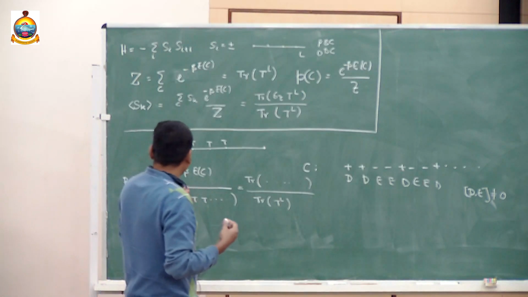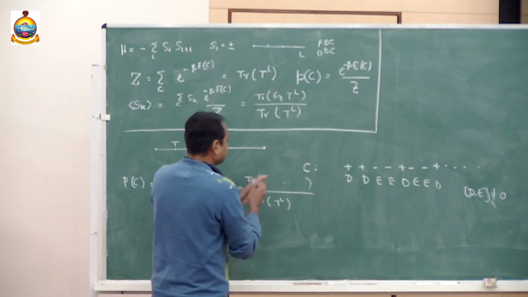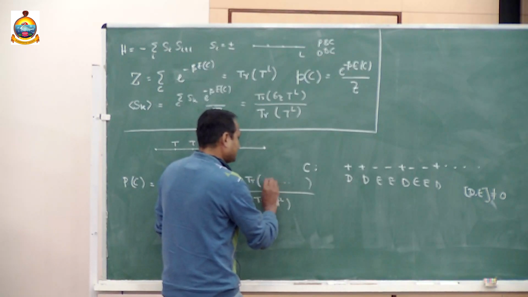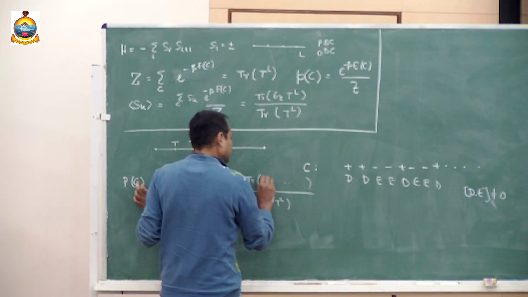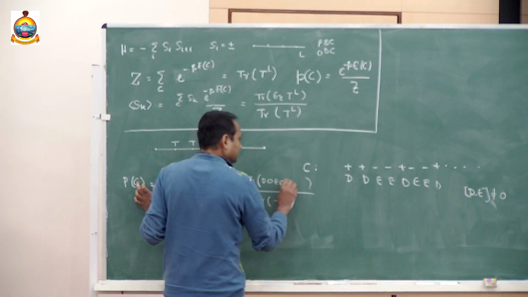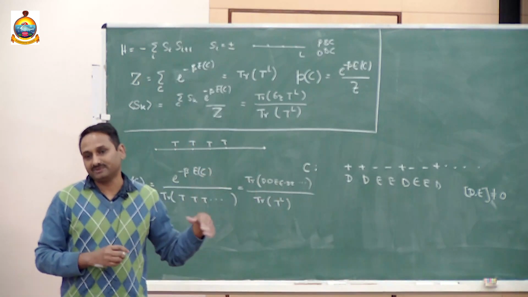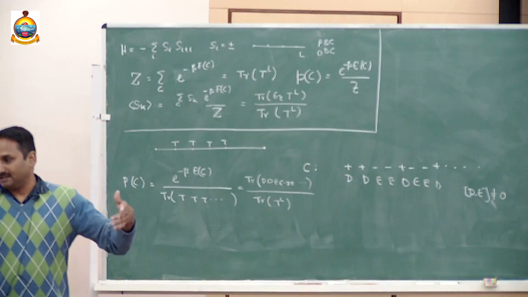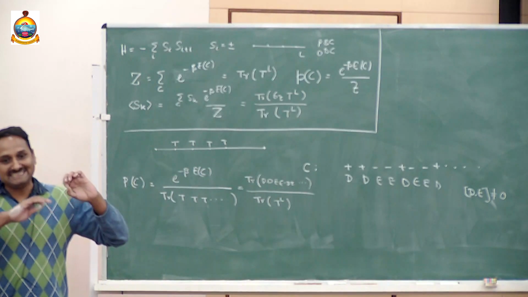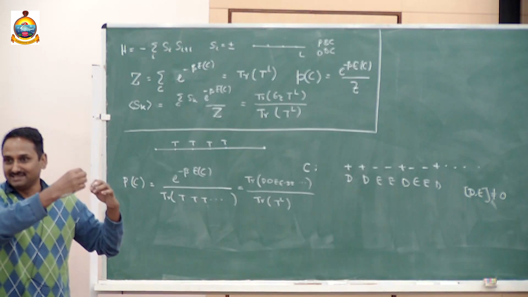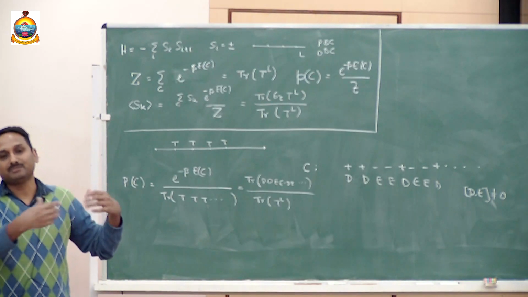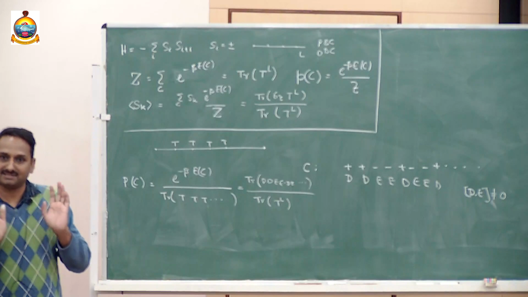Because for each configuration, this is the trace of, if the configuration is D, D, E, E, D, E, E, whatever. For each configuration, you are writing a product of matrices, replacing each basic unit, plus by a matrix and minus by another matrix. That's what you are doing.